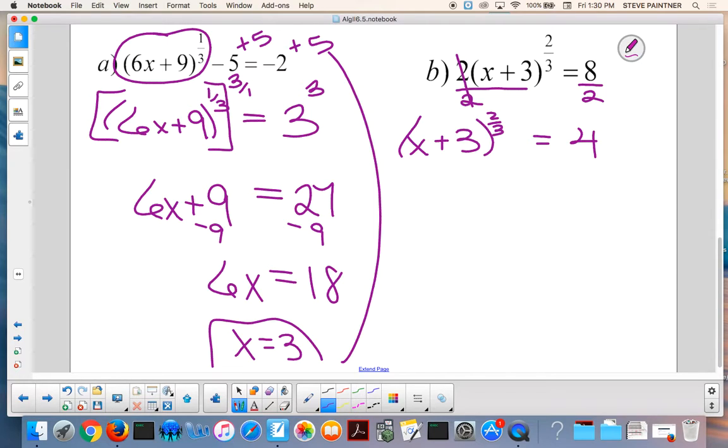We're going to get rid of the exponent by raising it to another exponent. What's the other exponent? 3 over 2, yeah. Let's go 3 over 2, 3 over 2. You do know this makes 6 over 6, which makes x plus 3 to the first, which we're not going to write down.